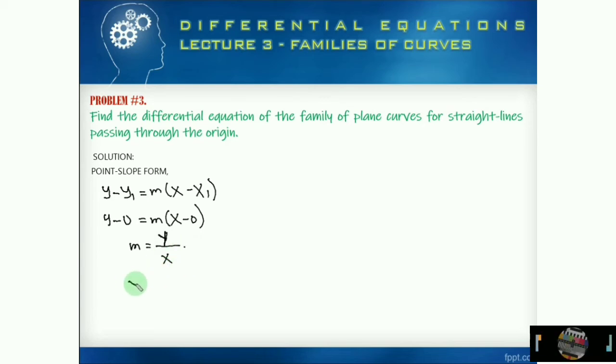Or you can also say that y is equal to mx if its center is located at the origin, or your straight line is passing through the origin. So you can have this equation for this straight line, y is equal to mx. But as you can see, our m is just our dy over dx.